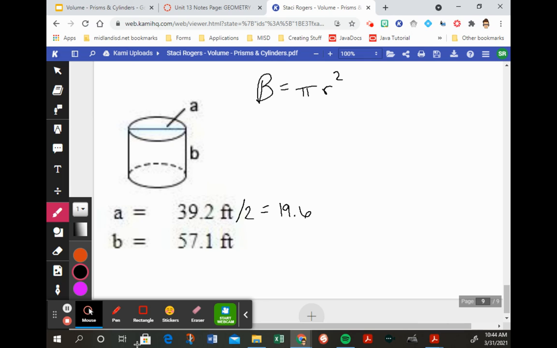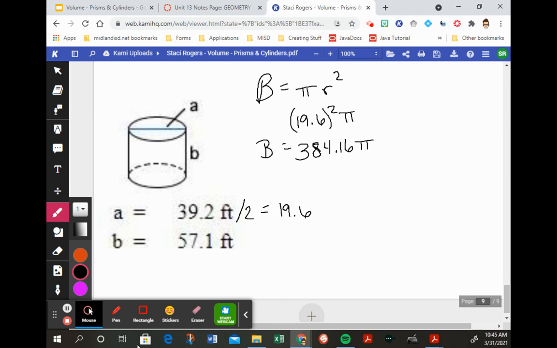So then I take 19.6 squared times pi. Square it, enter. 384.16 times pi, and that's my big B.